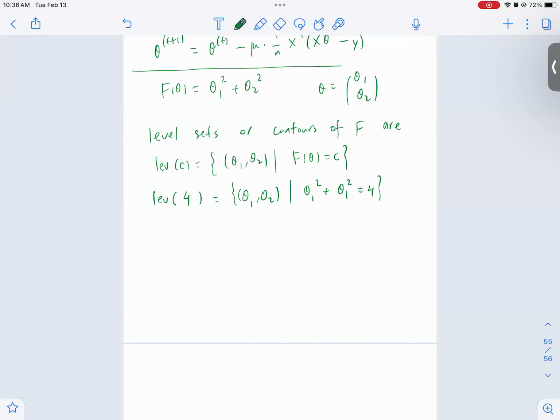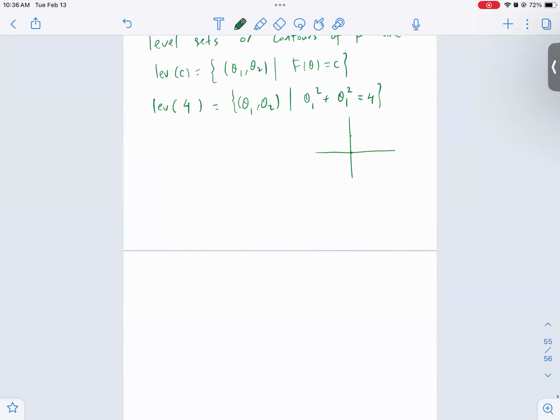And what is this shape? Circle, yes, the circle. It's centered at 0, and you have a circle of radius 2. I can plot it. Maybe if I hold it, it would be a circle. Yeah, okay, good.